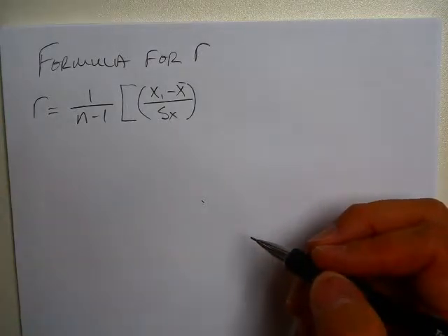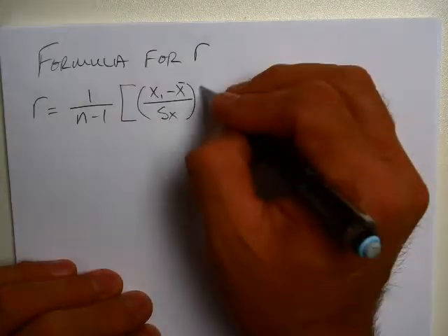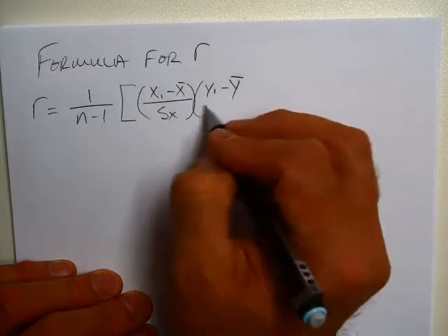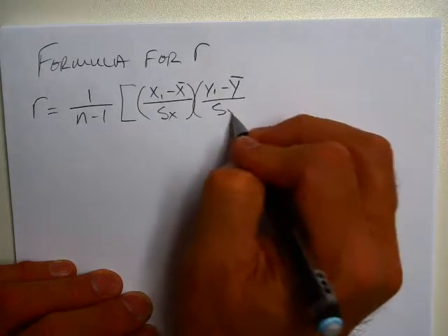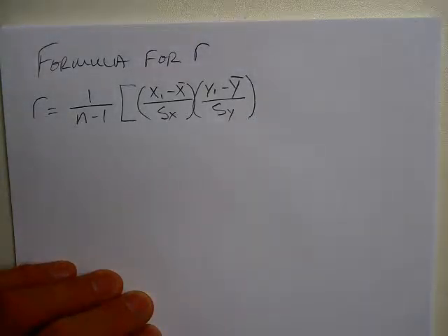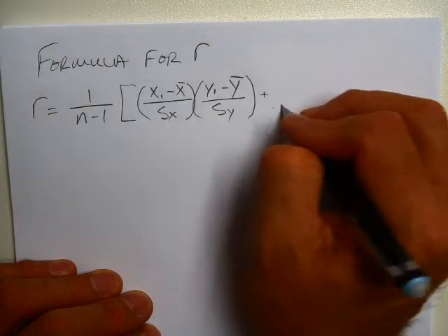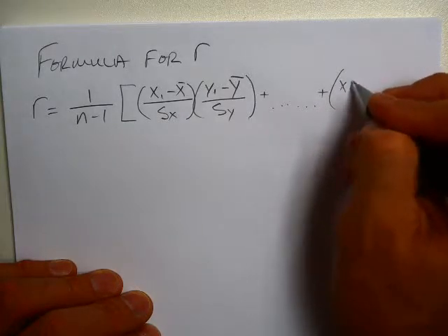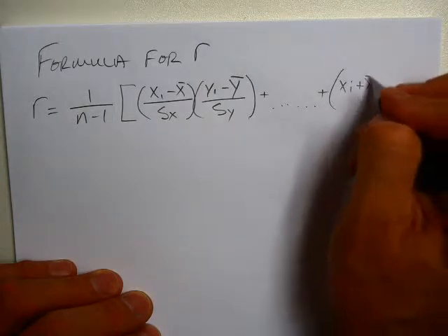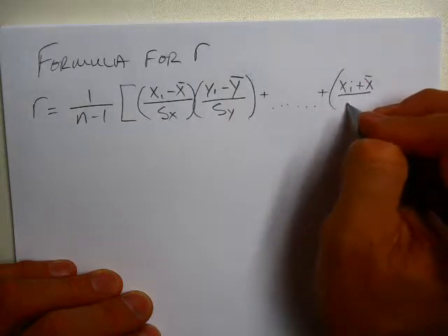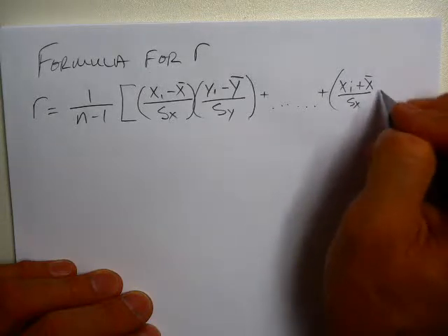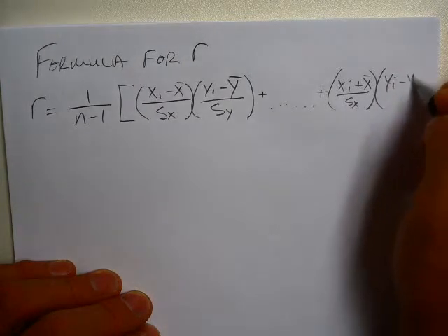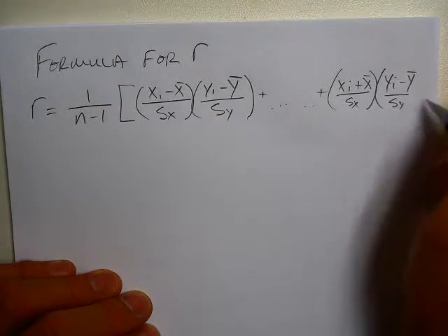Now we have two data points, x's and y's, so I've got to multiply that times y1 minus y bar, the average of the y's, over s sub y, the standard deviation of just the y's. And I add that over and over again until I get to x sub i minus x bar over s sub x times y sub i minus y bar over s sub y.